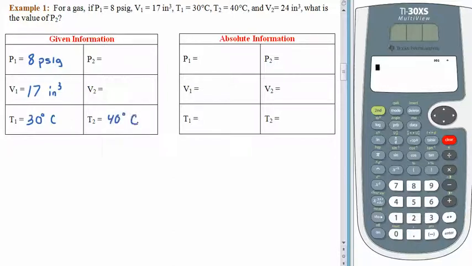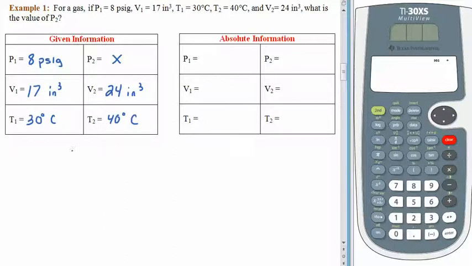And again, those units will help you stay organized, and just in case you put the 40 someplace else, you'd see that that was in the wrong spot right away. The second volume is 24 cubic inches. And the final pressure, we don't know. So we'll call it X.